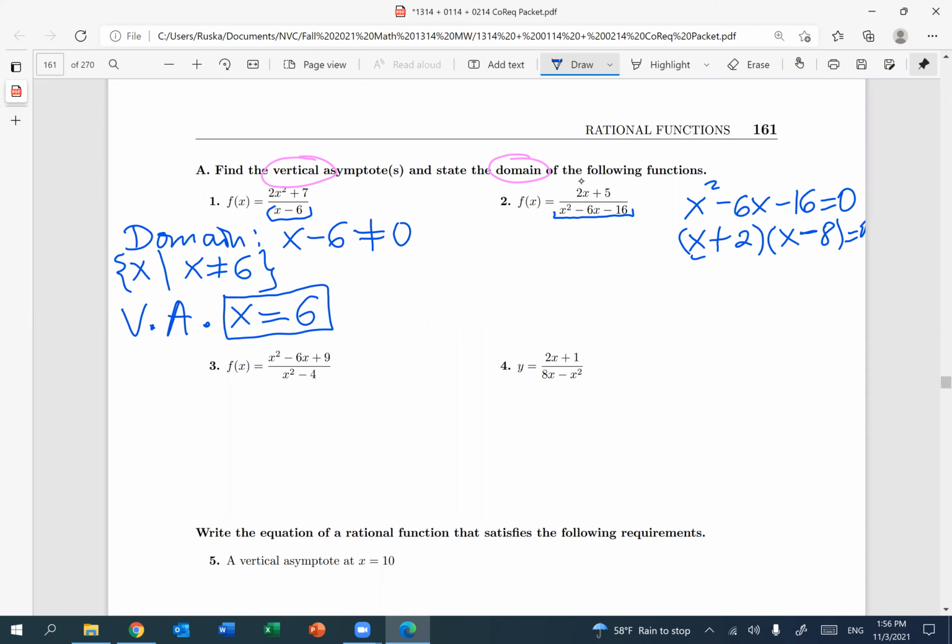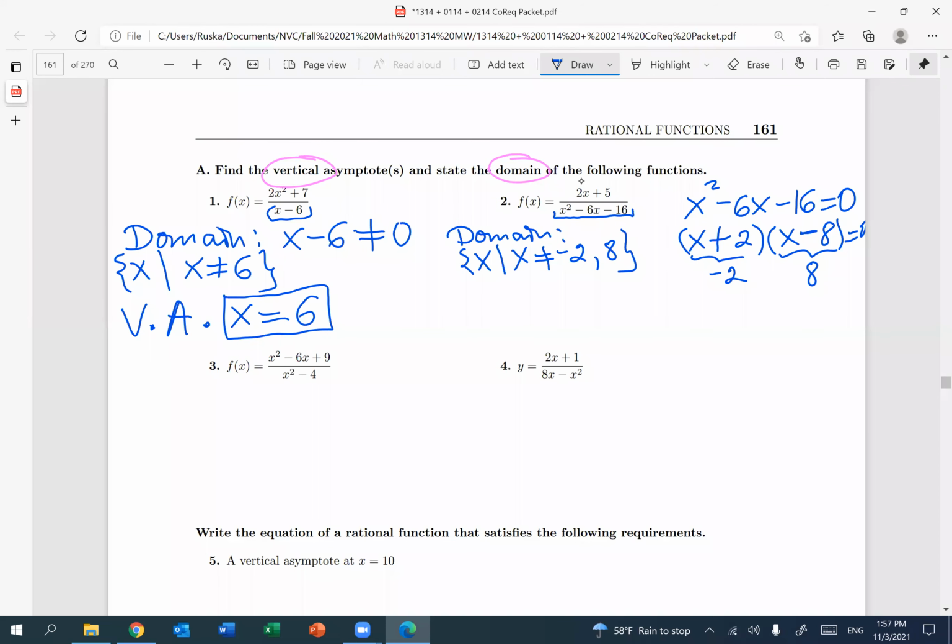And then you solve this equals 0, it's going to give me negative 2. And when I solve this equals 0, it's going to give me positive 8. So now let's write the domain. The domain is going to be all x's where x is not equal to negative 2, 8.